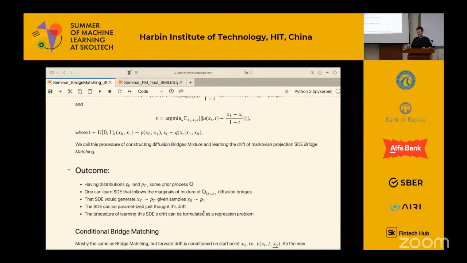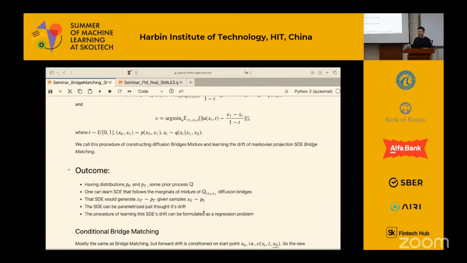Yeah, so we construct a mixture of these conditional diffusion processes and learn a stochastic differential equation that mimics the reciprocal process behavior, and again, just as in the flow matching case, it would not entirely mimic the reciprocal process behavior, but it would go through the same marginals as the reciprocal process.